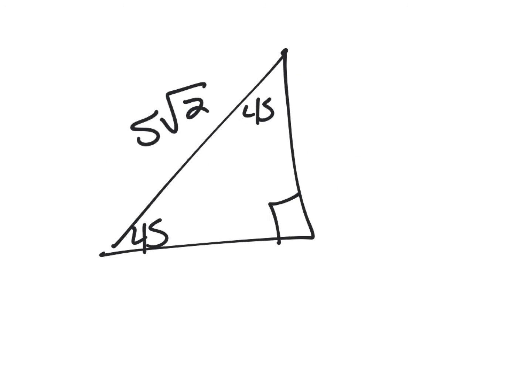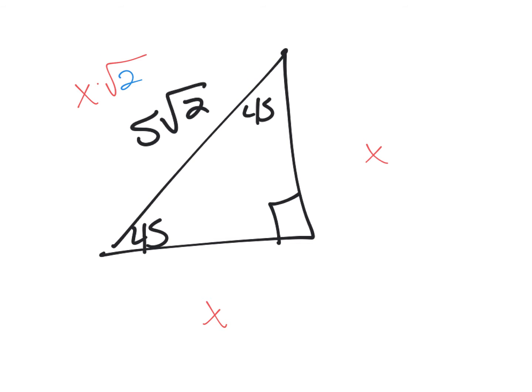Let's do another one. So now the hypotenuse is 5 square root 2. So I'm going to label them x times square root 2. So we're trying to figure out what the legs are. Well, how do we get from hypotenuse to the leg? Well, we're going to have to divide this by the square root of 2 to get it to just be x. So I'll do it off to the side.